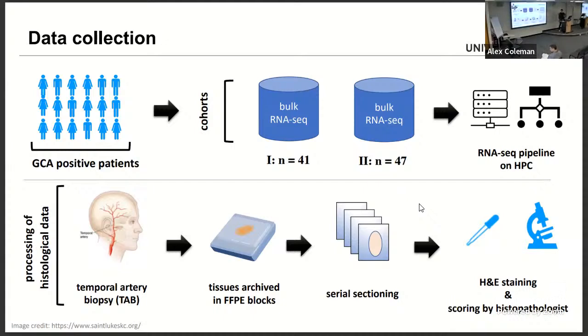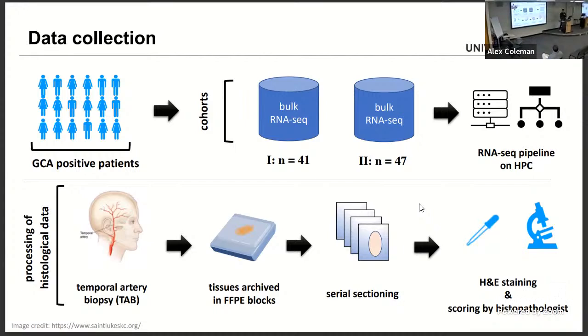The data was sequenced in an RNA-seq experiment, and then it was processed using a pipeline that I developed on the HPC. What you can see on the bottom part of the slide is the processing of the histological data that we get. As I said earlier, we're interested in different histological subtypes.